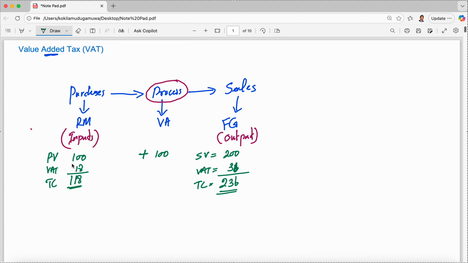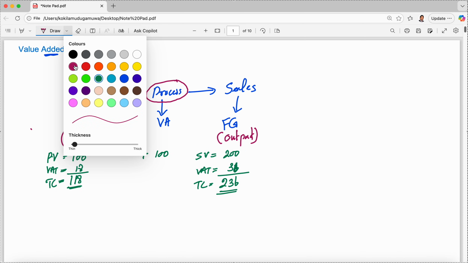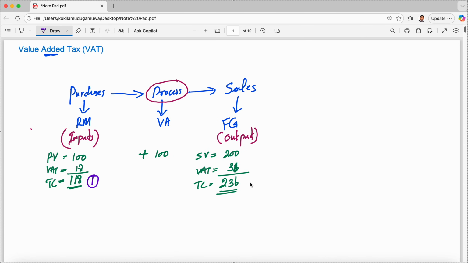So I would say this is the first transaction you made in this process, and this is the second transaction. The first transaction, how does double entry go? Then you pay cash, or you can consider it as cash credit.